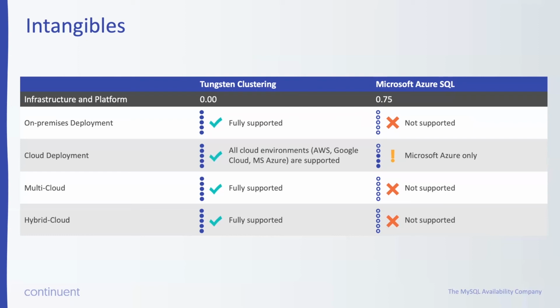So you can deploy a geo-distributed cluster and let's say have one cluster in Google and one in Azure and maybe a third one in AWS. That's fully supported and that all works. And again, same with hybrid cloud, where maybe you're going to deploy on-prem for one cluster, but another cluster will be in the cloud of your choosing, completely supported in Tungsten Clustering.